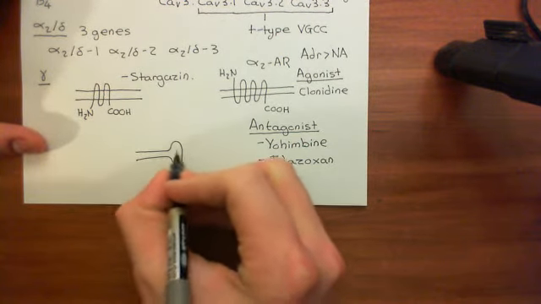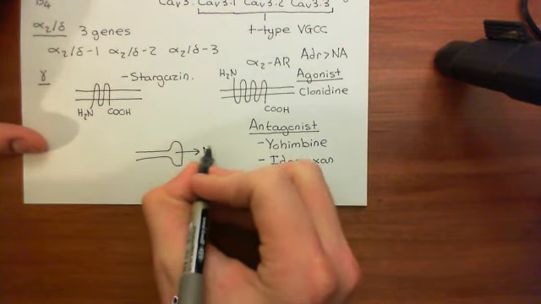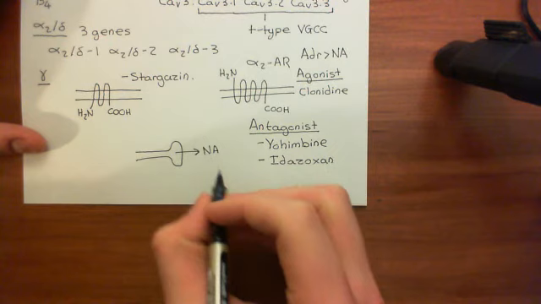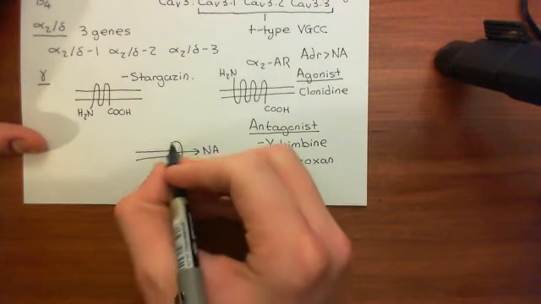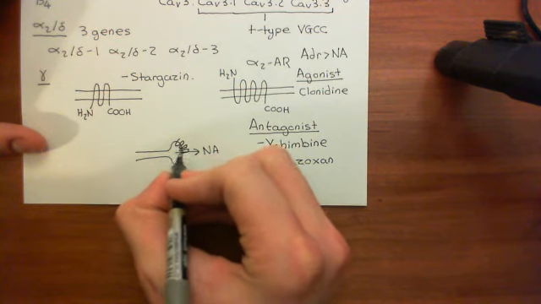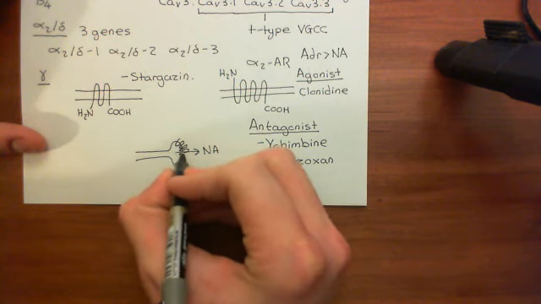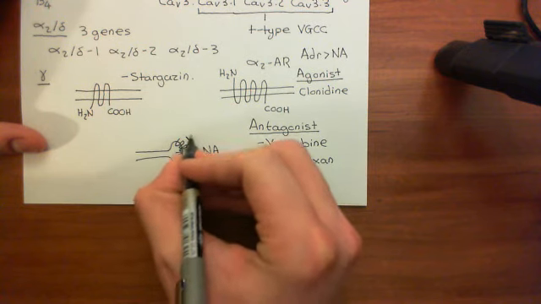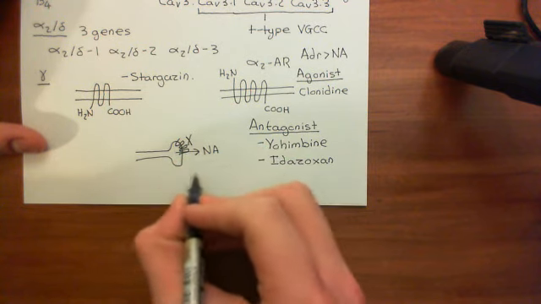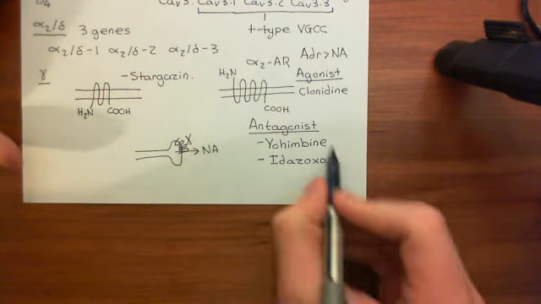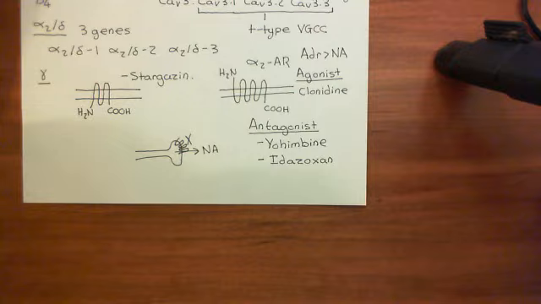Okay, so let's say this is a neuron in the brain that releases noradrenaline, and in depression the noradrenaline levels are too low. Okay, basically the idea is that if you could block these presynaptic receptors here that inhibit the release of noradrenaline, then they'd release more noradrenaline, and then the noradrenaline levels would go up. Okay, so those are two antagonists of alpha-2 adrenoreceptors.